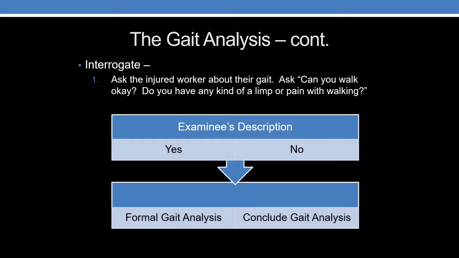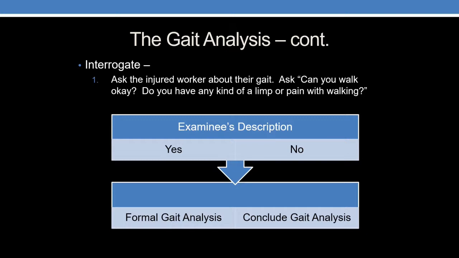So as the examinee is walking back to the examining room, you can simply ask them about their gait. Can you walk okay? Do you have any kind of a limp? Do you have any kind of pain with walking? Are you able to walk normally? How's your walk? Looks like you can walk okay. Are you walking okay?